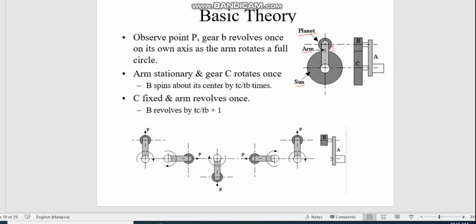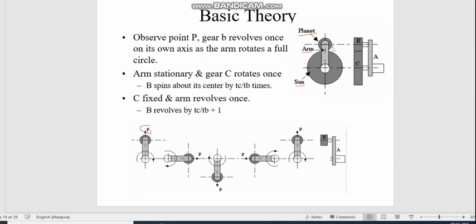The basic gear theory for us to be able to calculate the gear ratios and so on is, observe a point P, this point P, right? Gear B revolves once on its own axis as the arm rotates a full circle.